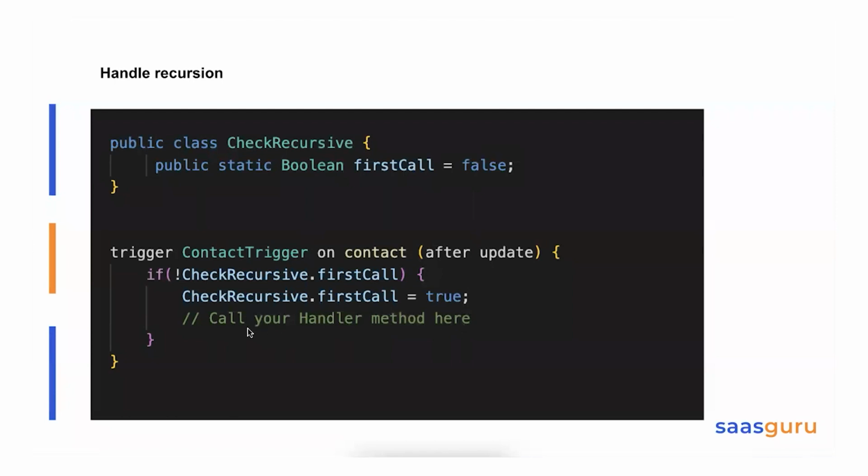And when this logic again causes this trigger to be called, you can visualize that this time firstCall is true, so the if condition will fail, and this will not be executed again, and I can save myself from recursion. I will be able to handle the recursion with the help of this static Boolean variable.